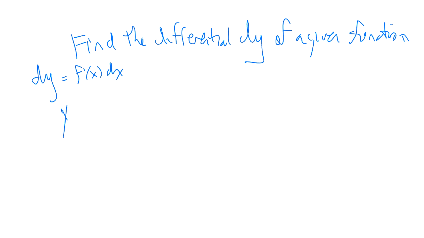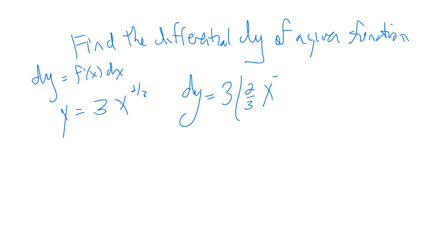So let's look at a basic function first. And my derivative, and then I'll wait to put the x at the end. And by the way, don't forget to do that. We have a constant multiple 3, and then 2/3 x to the minus 1/3 when I take the derivative, dx.